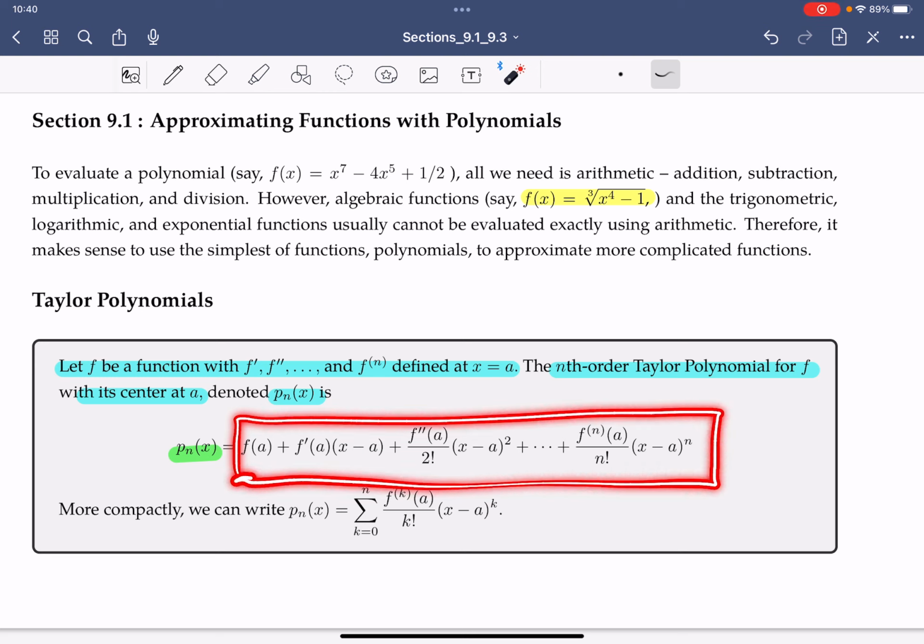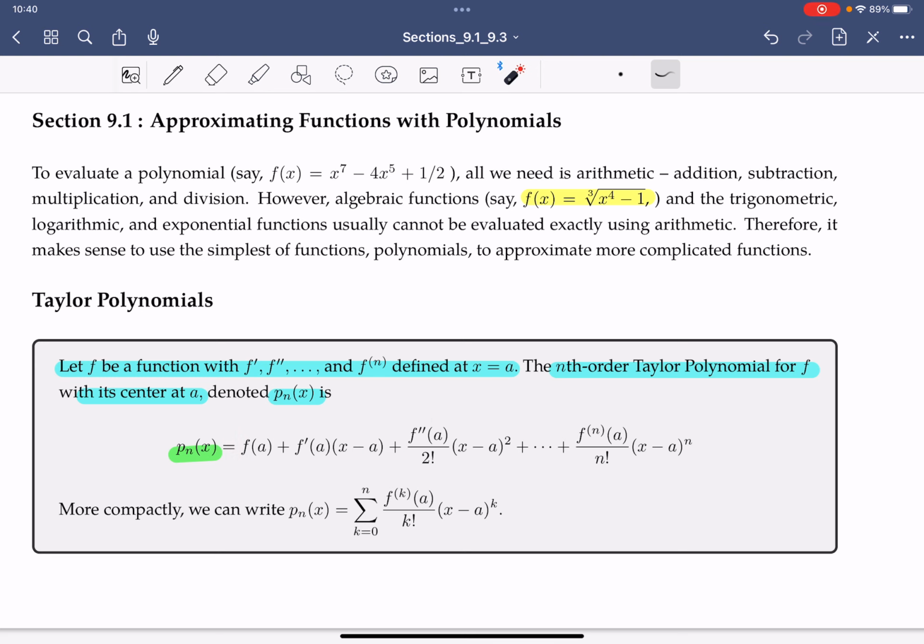The way you memorize it: remember that you go up to order n, so you have to differentiate n times. You differentiate 0 times, 1 time, 2 times, up to n times, and then you plug in the value a here, and then you multiply by x minus a, (x minus a) squared, up to (x minus a) to the n.